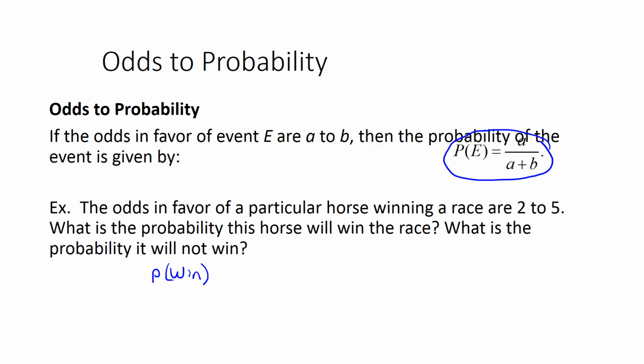All right, the odds are 2 to 5, so it's 2 over 7. It's A over A plus B, which we knew that if it's 2 to 5, the odds are less than 50%, and 2 out of 7 parts is definitely less than 50%. What is the probability it will not win?